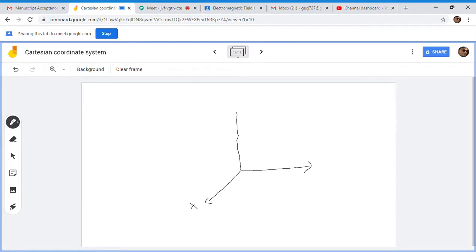So this is X, this is Y, and this is Z. Now there are three axes in these three coordinates: X, Y, Z. When you make an area, it should be composed of two dimensions of these.